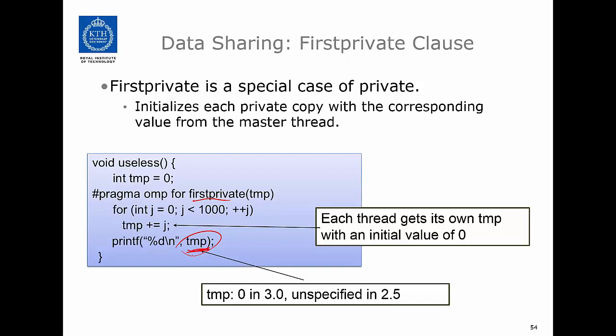What value does tmp have after the loop? This is actually different in different versions of OpenMP, and usually you shouldn't rely on this. In version 3, which is the latest, and later, which is what you should use, it takes the value that tmp had before the loop, so it will be 0.